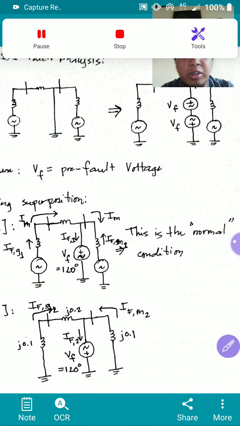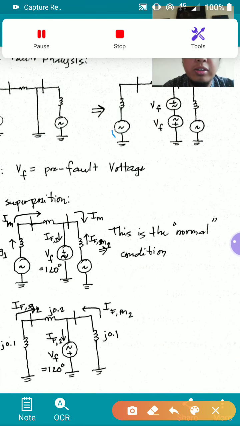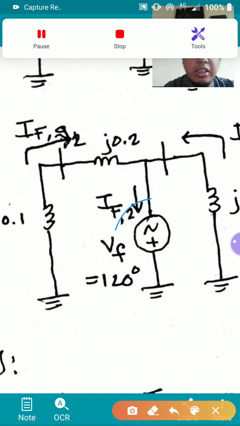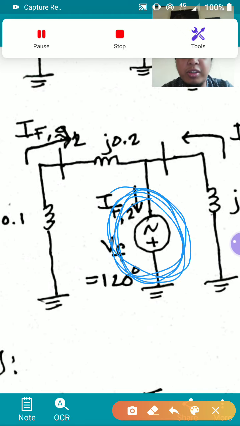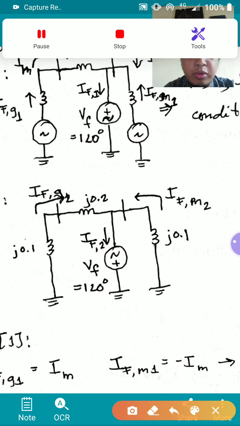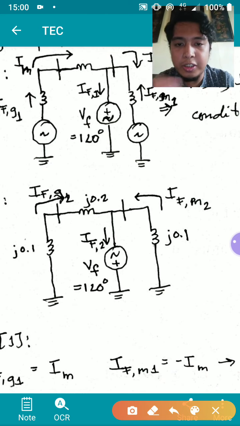Now on superposition 2, we already considered all of these three on superposition 1. So what's left is this voltage here, positive on the ground. Since we already considered the other voltages, we can just short them out. I hope you know how to perform superposition.